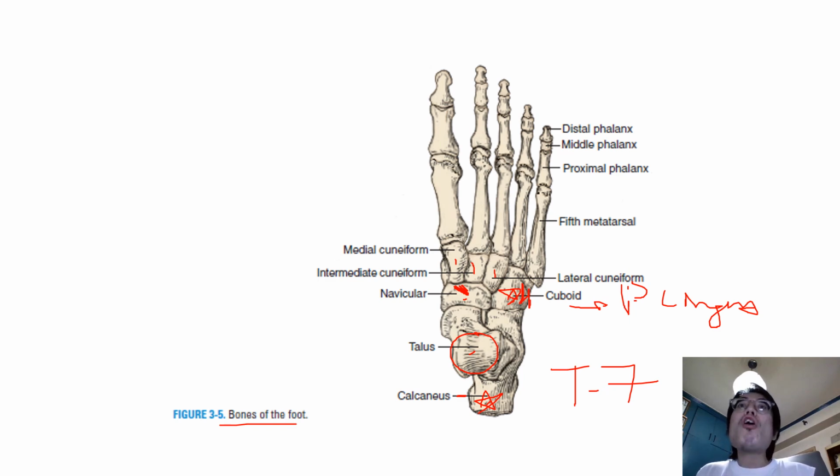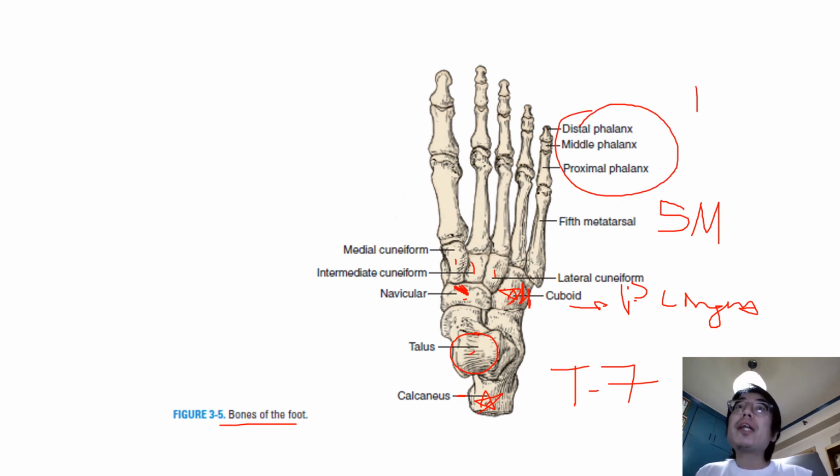In front of the cuneiforms, distal to them, are the metatarsals. The metatarsus consists of 5 metatarsals and has prominent medial and lateral sesamoid bones on the first metatarsal. Distally still are the phalanges.